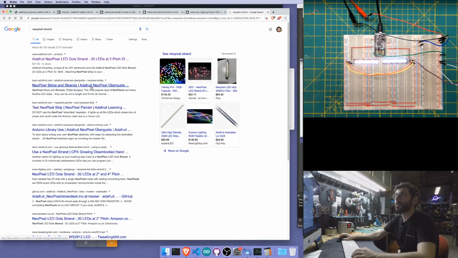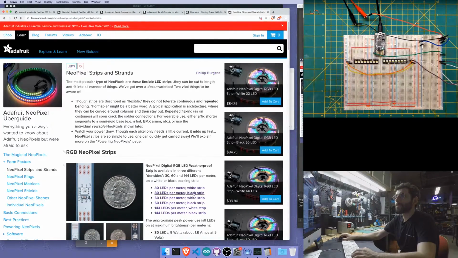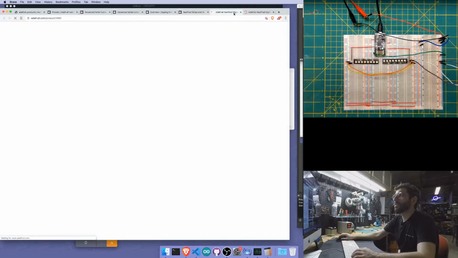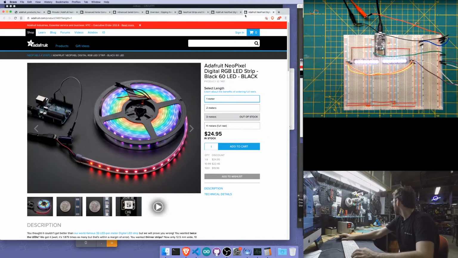That's not what I'm looking for. Okay, so 60, I guess, is what that other strip is. Or maybe it's 30. I can just count it and see.